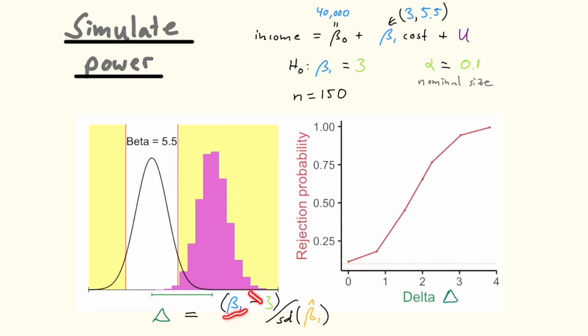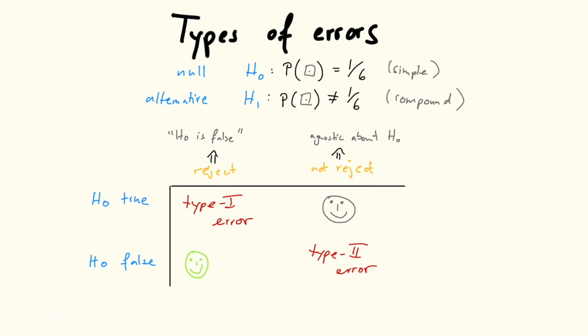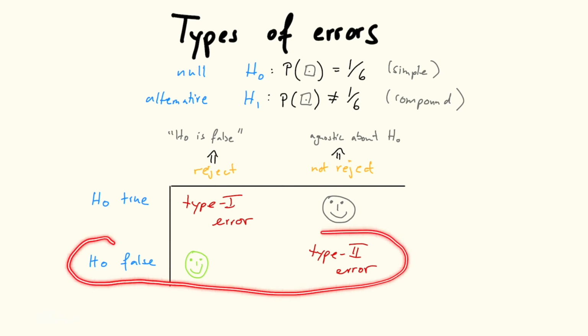Beta 1 larger than 3 are in the alternative, and they get mapped to delta values that are positive. All these delta values correspond to beta 1 larger than 3. So this axis here represents different alternatives. What do we care about if we are in the alternative, that is, if the null is false? Then we care about possibly not rejecting and committing a type 2 error.